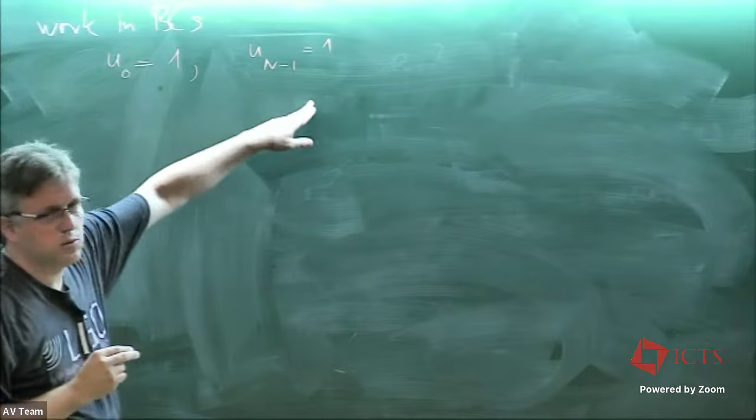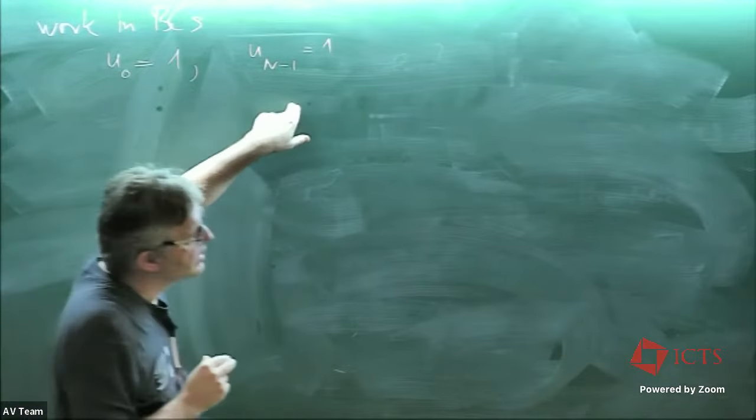And at that stage, we have two possibilities of how to work this in. We could take the two values we know and directly substitute them in here and then only solve for 2 fewer grid points.